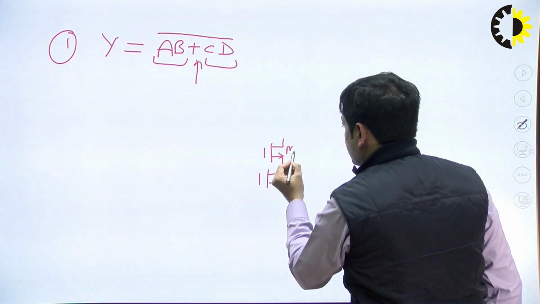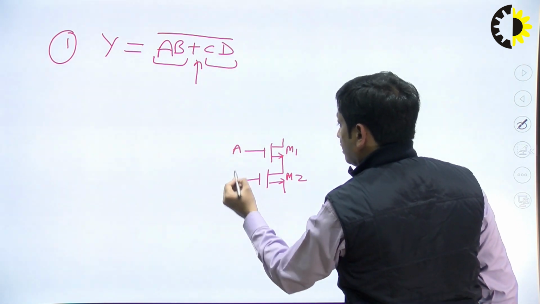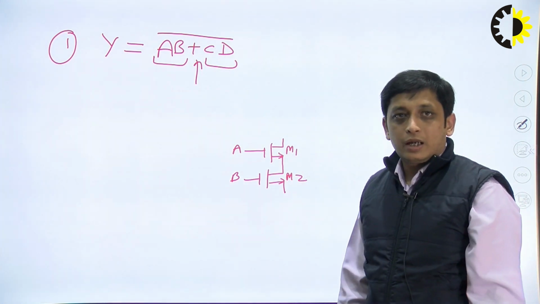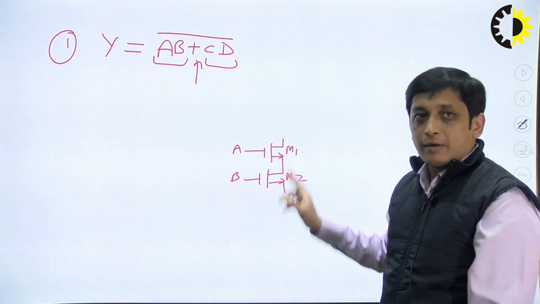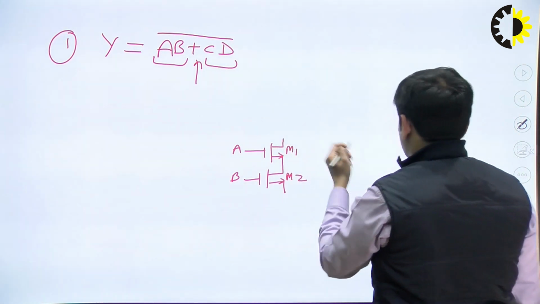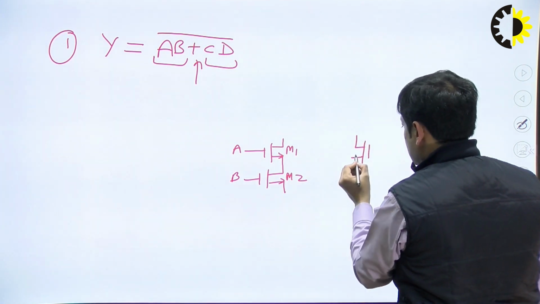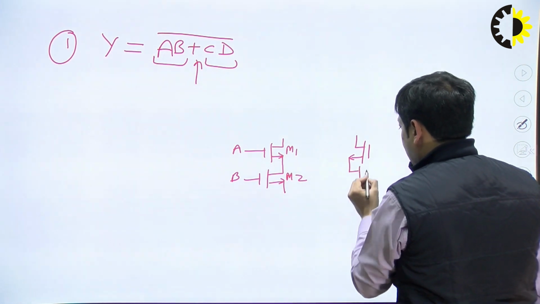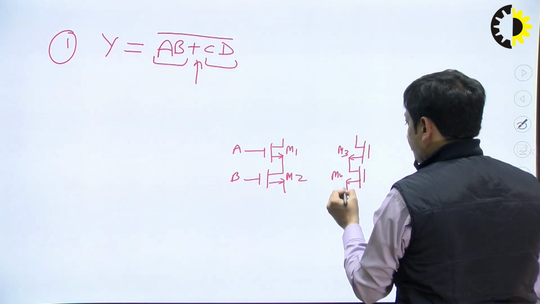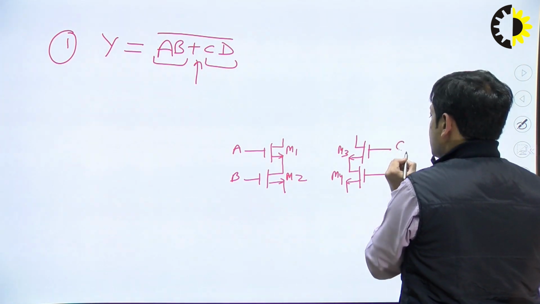Let's say these NMOS transistors are M1 and M2, and obviously the inputs will be A and B. A and B dot operation. So M1 and M2 are in series. Similarly, C into D. So another 2 NMOS transistors, that is M3 and M4, and the inputs of M3 and M4 are C and D.